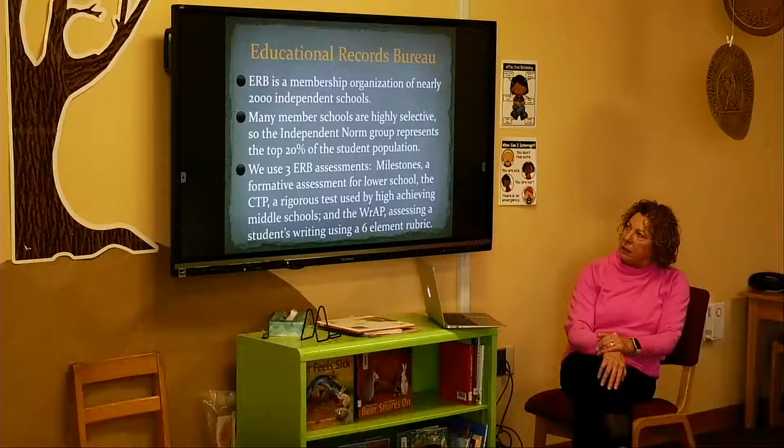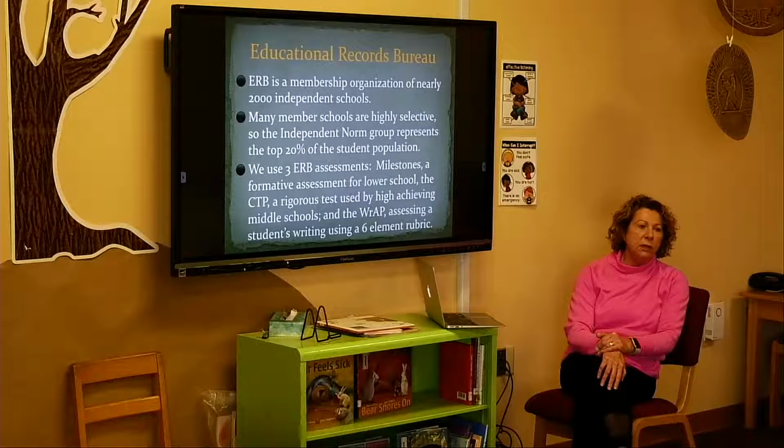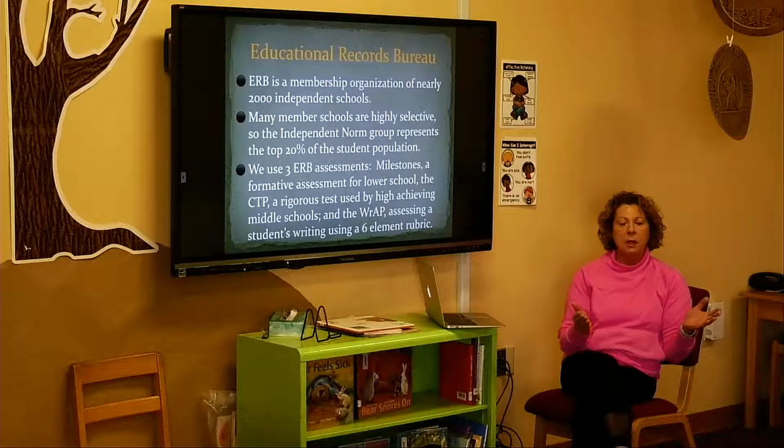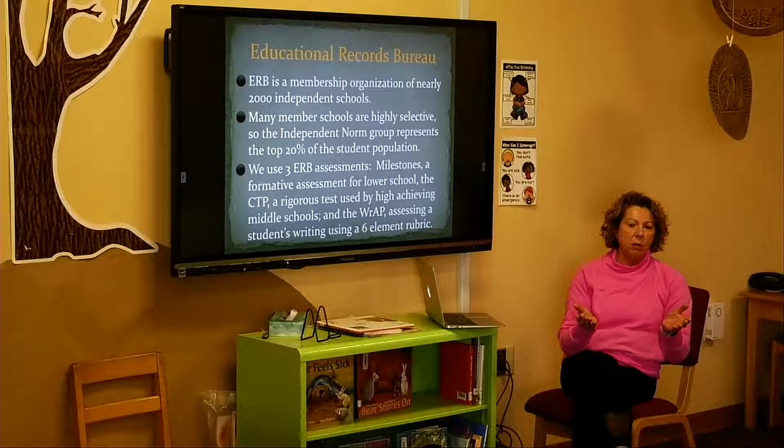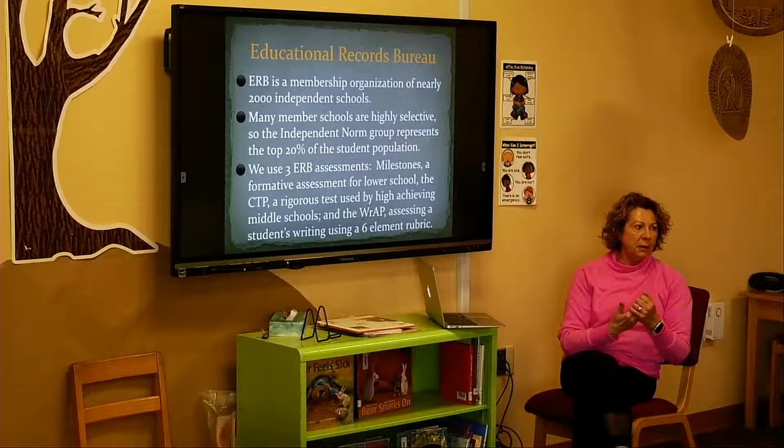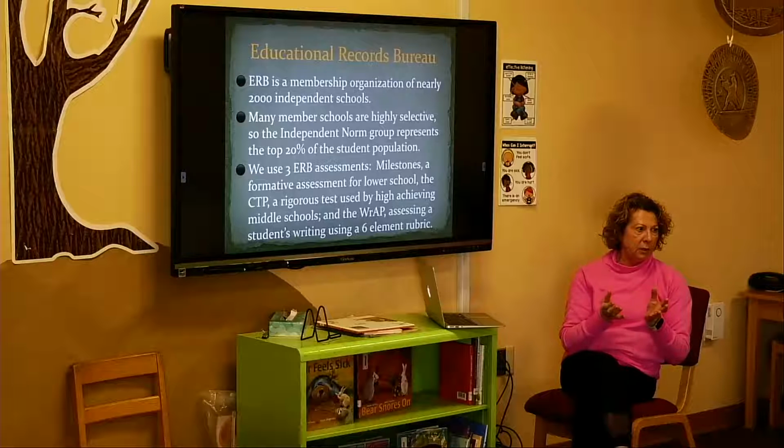With the ERB, the schools that use those assessments are member schools. And so everyone who is a member of ERB is from an independent school, or there are very few suburban schools that are really high achieving in the Northeast that belong.